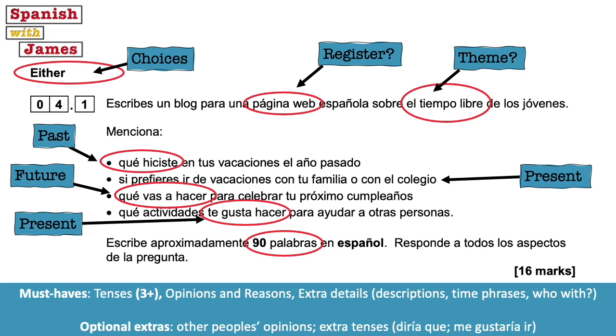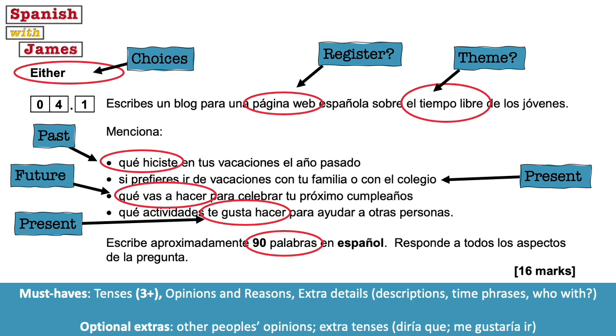Now the must-haves for this 90-word question are at least 3 tenses, some opinions and ideally some reasons to justify the opinions, and some extra details like descriptions, time phrases and who with. The reason I tell you to explicitly refer to when things happen, like saying last year or next year, is because if you get the grammar a bit wrong and you don't quite get the tense right with the verb, at least the examiner knows what you're trying to say.